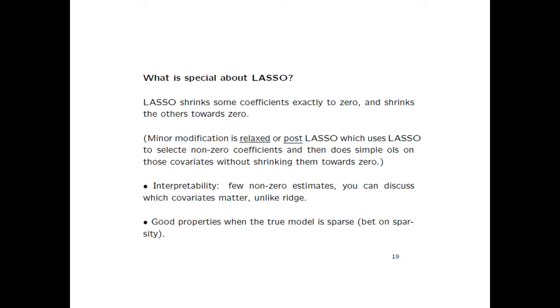Now, what makes Lasso interesting is that it combines this smooth shrinkage with this exact zeros feature. And so here's another figure to try to illustrate that. In these two figures, you see the least squares estimator in a two-dimensional space, and the ellipsoids that capture the confidence intervals.